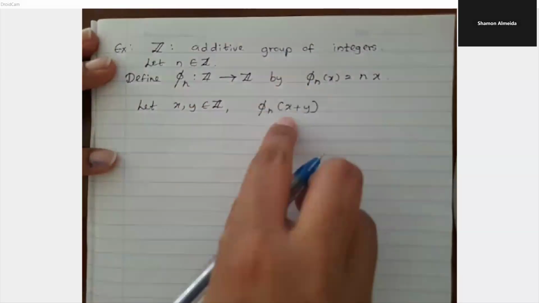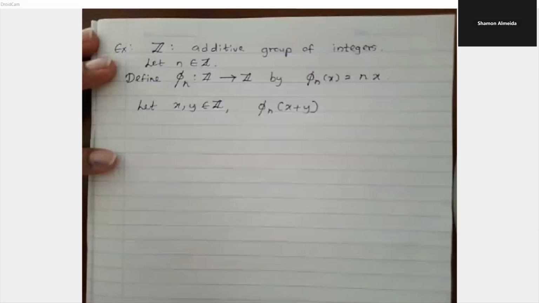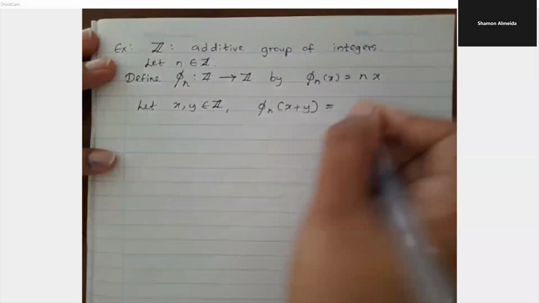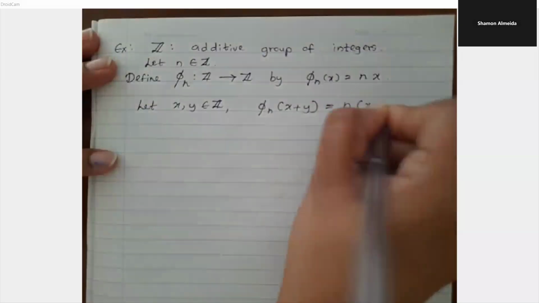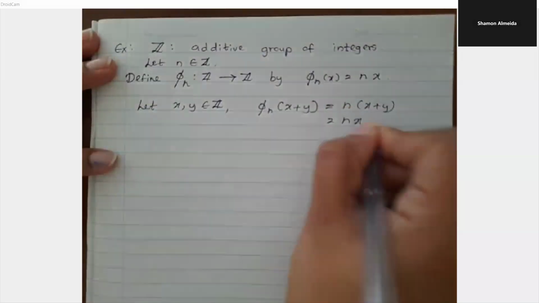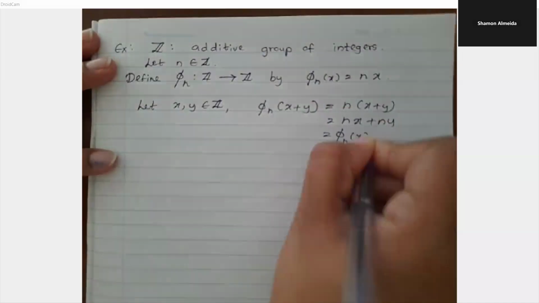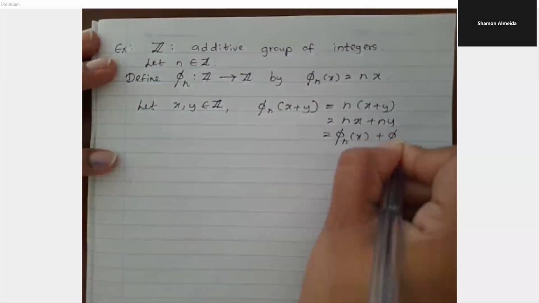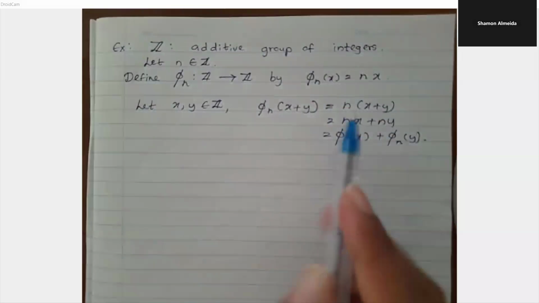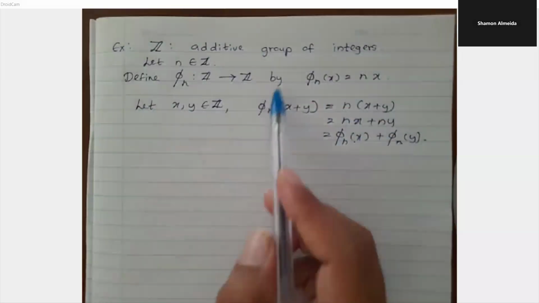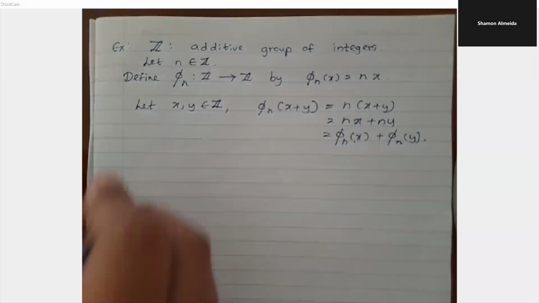Why do we have x plus y? Because these two elements are taken from Z where the binary operation is addition. Right? This is equal to, by definition of this function, n times x plus y. This we expand: nx plus ny. nx is simply phi n of x. This is phi n of y. Once again, these two elements are elements in Z. This is the group under addition. This is why we have addition over here. So by definition, this is a homomorphism.